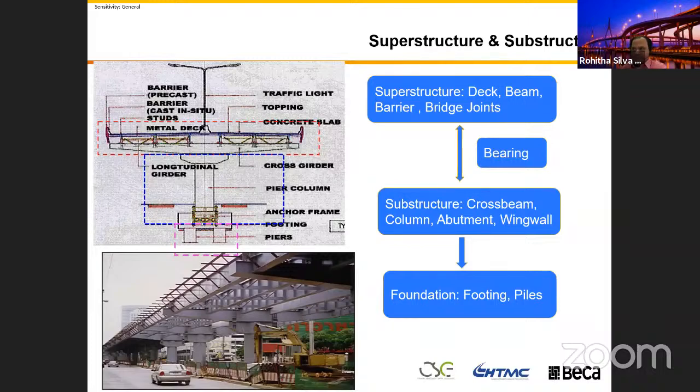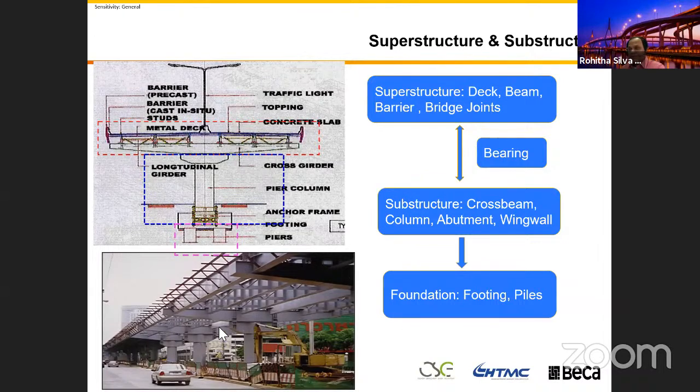We design for people to walk, and sometimes for people to play as well, but mainly for traffic. So how are we going to assemble them together to carry the design traffic loads on the bridge? Any questions on this one?